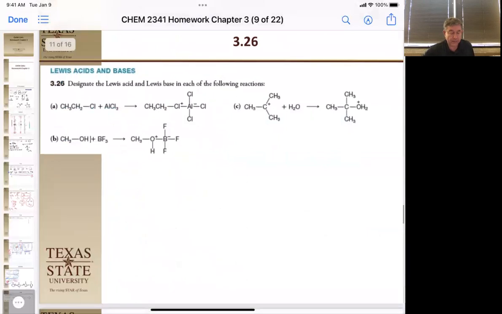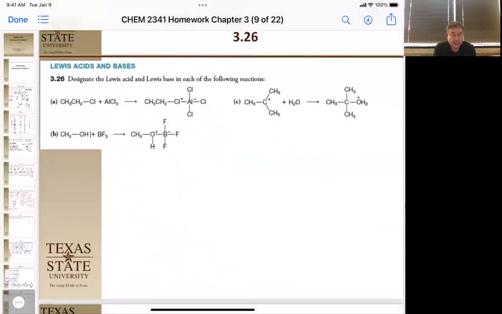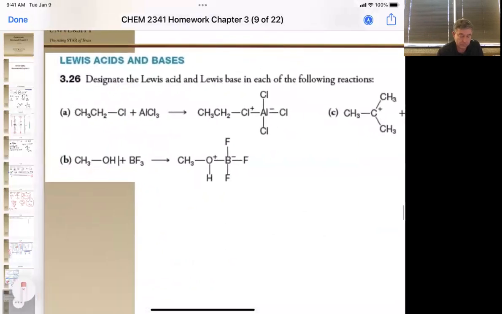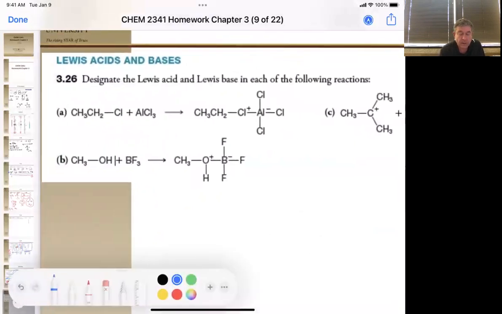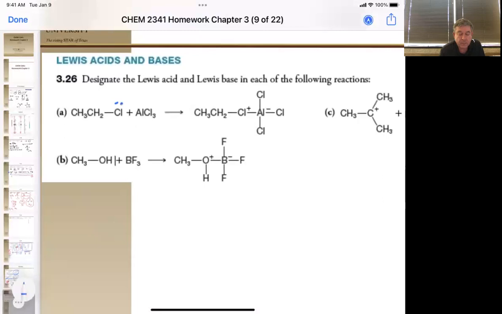All right, so let's go to number 26. Designate the Lewis acid and Lewis base for each of the following reactions. Now, the first thing we should look for is the electrons. So if we draw the electrons, the three lone pairs on this chlorine right here, and we know that the aluminum doesn't have a full octet, that makes the chlorine our Lewis base.